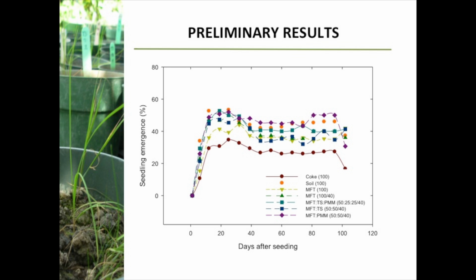So the plants didn't grow very well on these two treatments, but the best mixes that we found were this one, that is peat mineral mix with MFT, and also this one, that is MFT, tailing sands, peat mineral mix. So the mixes that have some organic matter were the best performers with seedling emergence or plant growth.